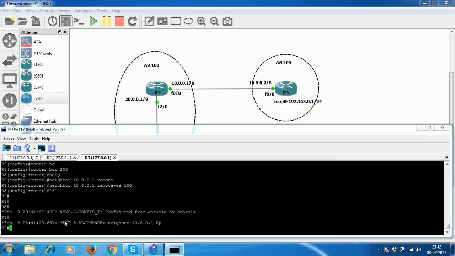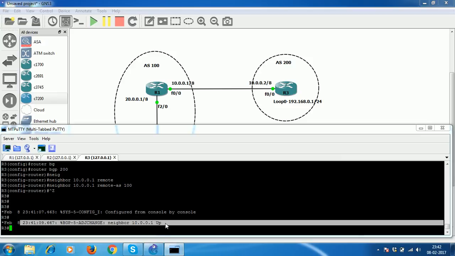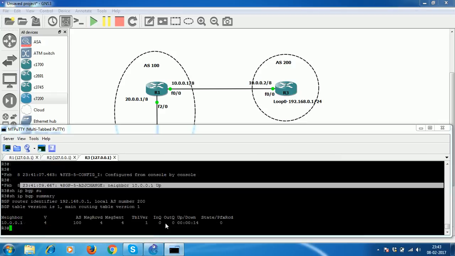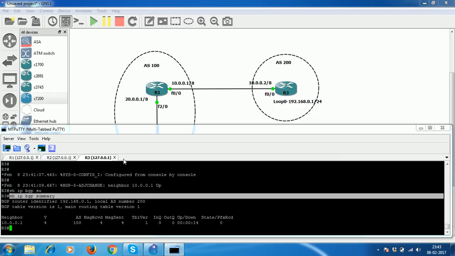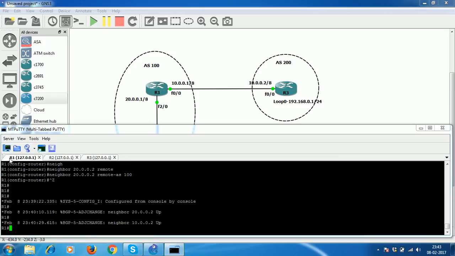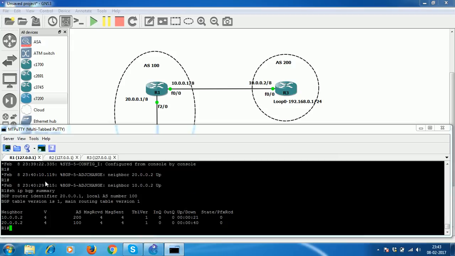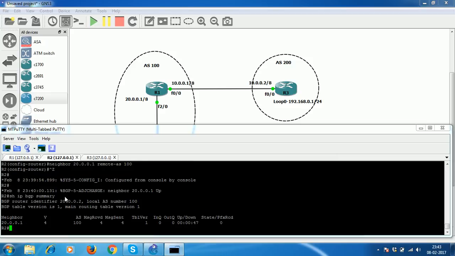So my adjacency has come up, the BGP neighbor is up. Show ip bgp summary. You can see the peer with router 1, and router 1 should have two peers, one with R3 and one with R2, and router 2 should have one peer.